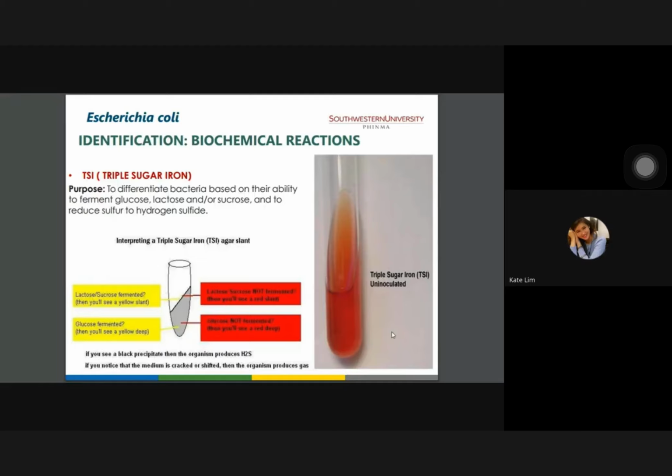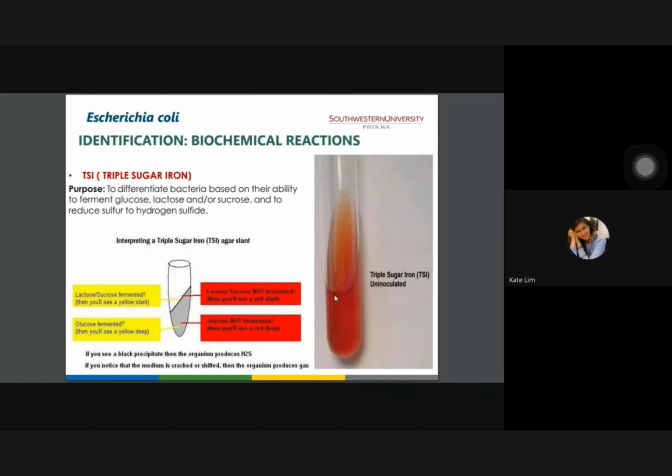Number two, remember the sugars that are found respectively on the slant and on the butt. What can we see on the slant? In the slant, you could observe the fermentation of the lactose and or sucrose.